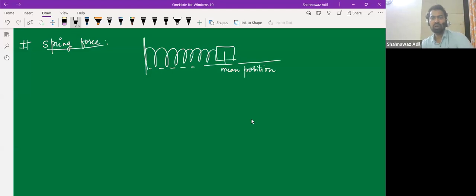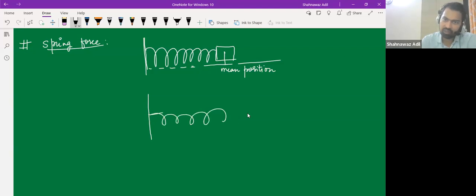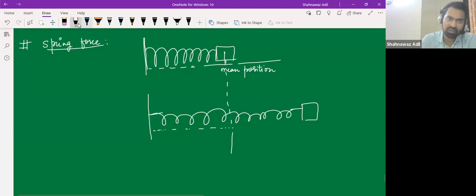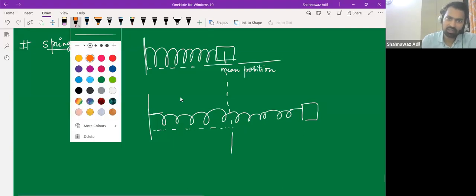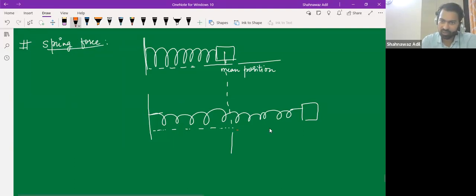And you do two kinds of things. So firstly, you stretch this spring, right? Oh, this is a very bad diagram, but you guys just understand. So this was the mean position, and we have stretched this spring this much.